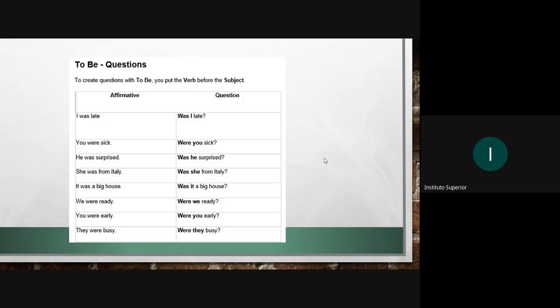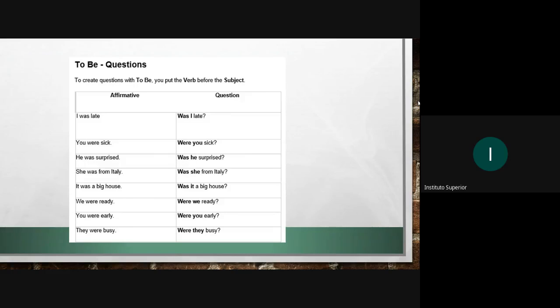With did. Yes. Ahora con el verbo be. Con el verbo be, las preguntas inician con el verbo be en forma pasado, ya sea was or were.